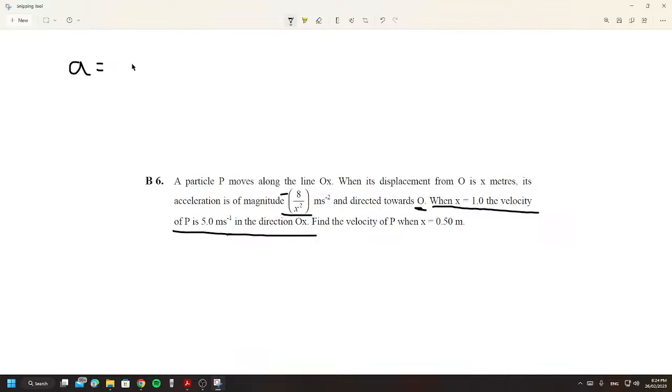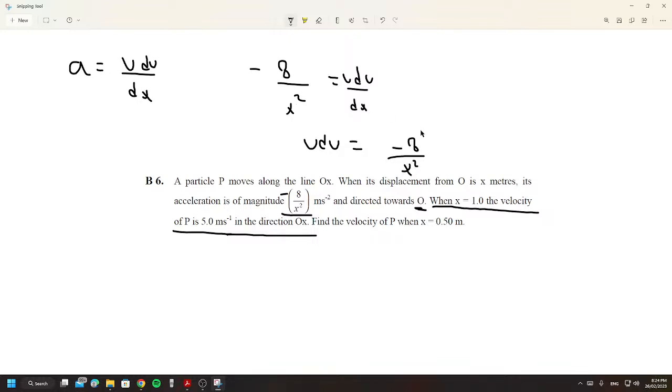They want the velocity, so A is equal to v dv over dx. A is equal to negative 8 over x squared, equals v dv over dx. Now v dv is equal to negative 8 over x squared dx.